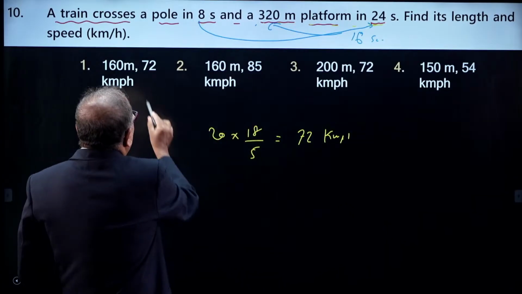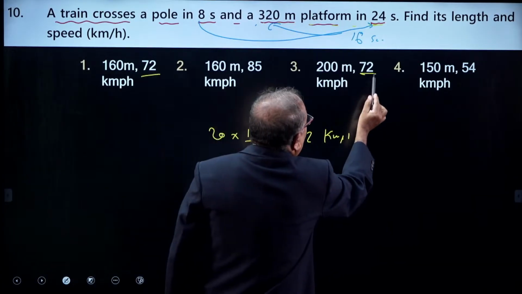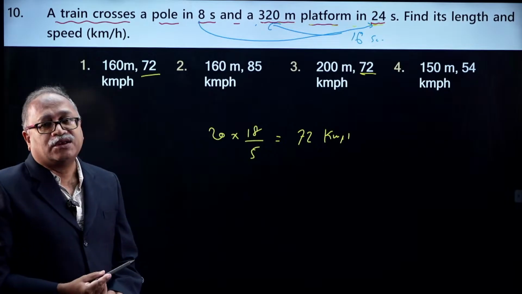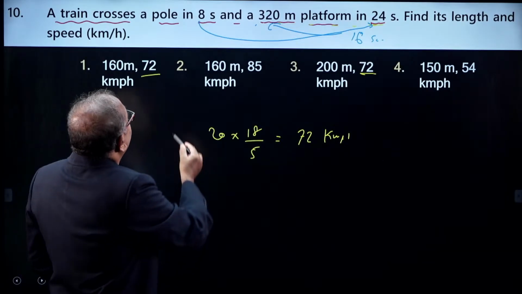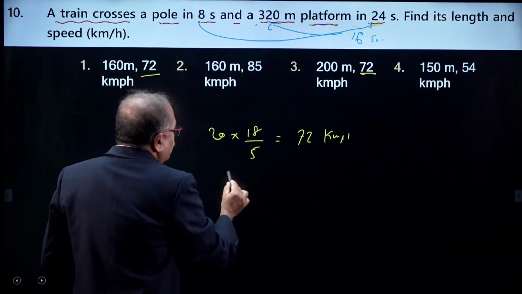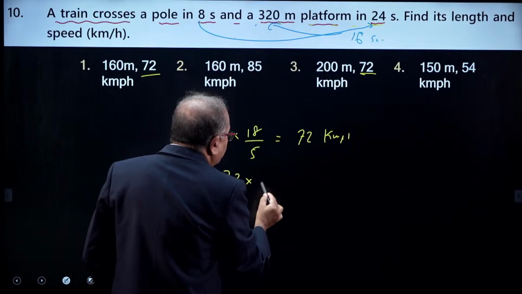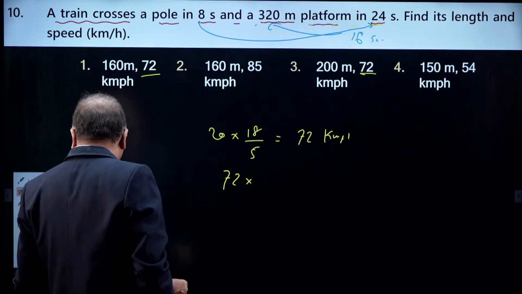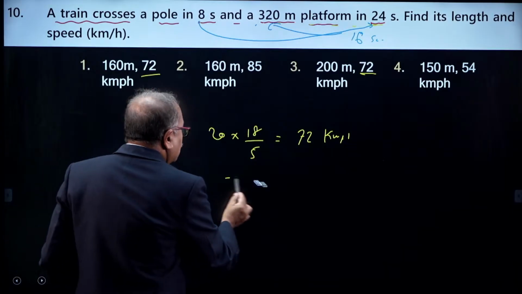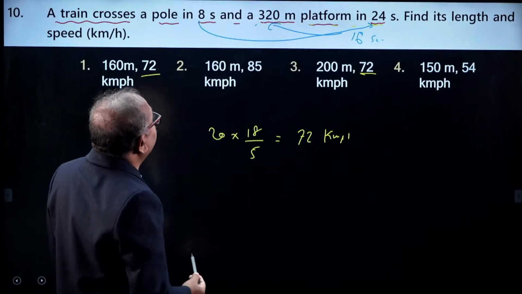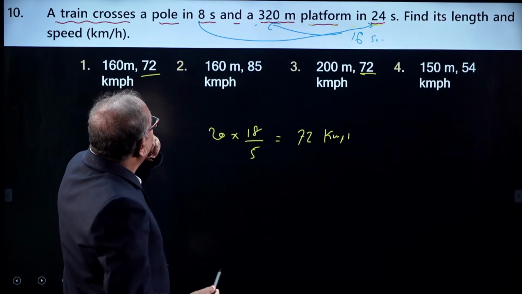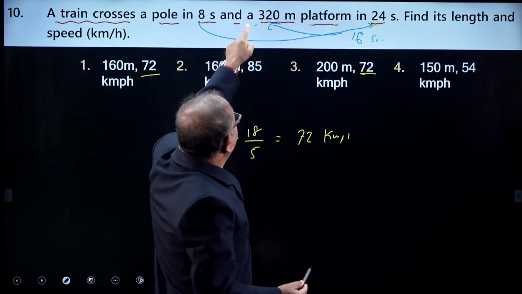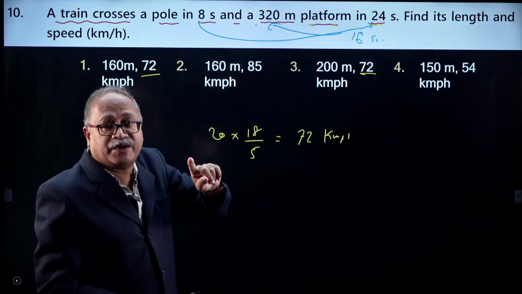So I can see that here we have 72 kilometer per hour. The distance is different. So it crosses a pole in 8 seconds. The speed is 20 meter per second.